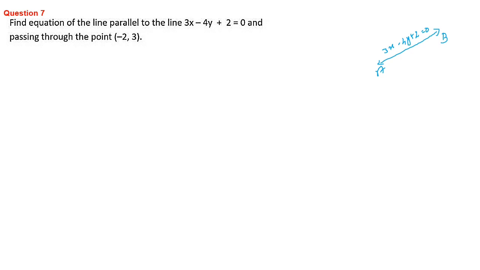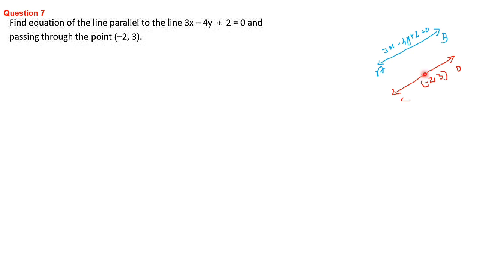Next we have to find the equation of another line which is parallel to this line. So there is a line which is parallel to AB, that we will draw. We can mark it as CD. So this CD is parallel to AB and CD is passing through the point minus 2 comma 3. So this is the visualization of the question.